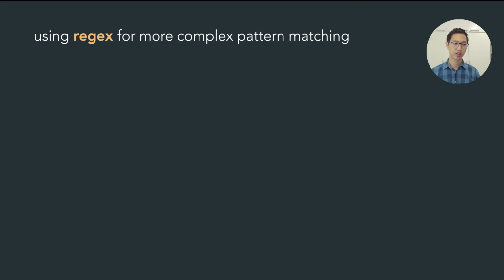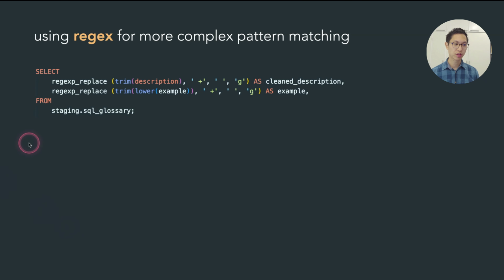And then we have something called regex, regular expressions, for more complex pattern matching, where you may want to match a certain type of text data. For example, you use it by using regex replace. Here you trim the description column. After trim, it removes the spaces, right? And then here I use regex replace. I replace one or more spaces with one space.